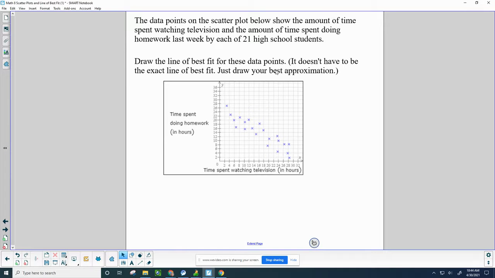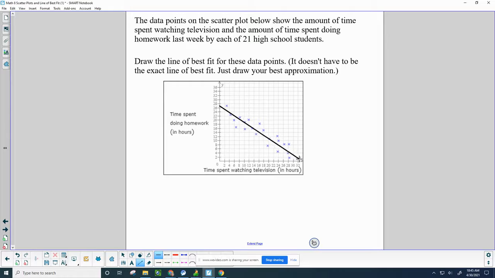Okay, here's another set of data that we want a line of best fit for. This data represents the amount of time spent watching television and the amount of time spent doing homework last week for each of 21 high school students. So I'm going to grab my line, and it looks like I'm going to start somewhere up around 28, 27, somewhere around there.